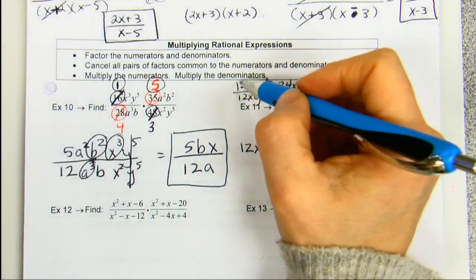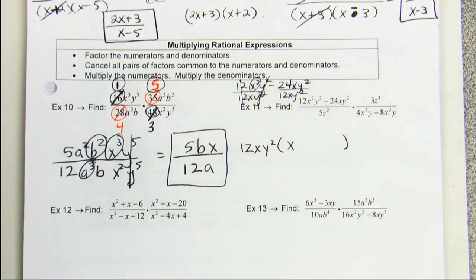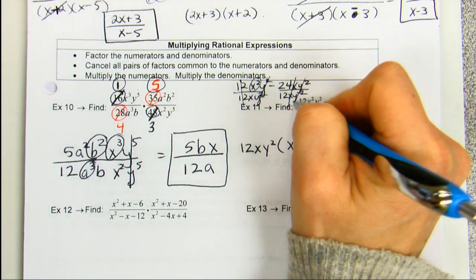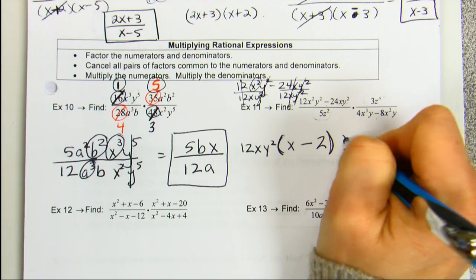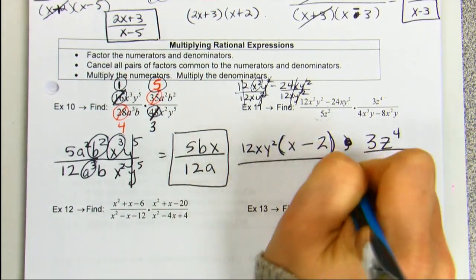So 12 goes into 12 one whole time, x squared over x leaves you with x, and the y squareds zero out. Minus 12 goes into 24 two times, our variable parts zero out. And that 3z to the fourth can stay the same over there on its top.